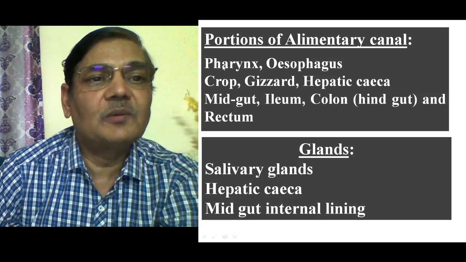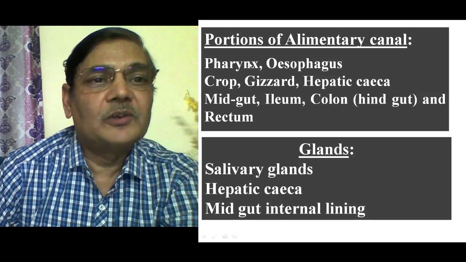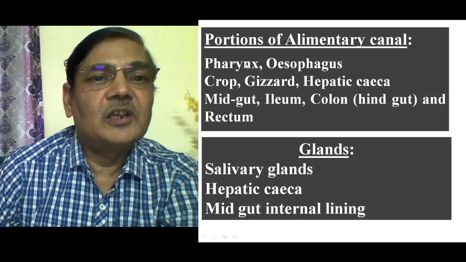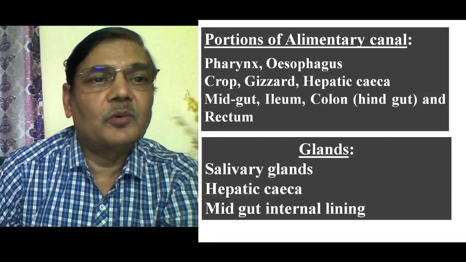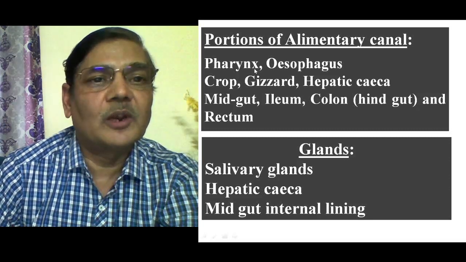See, pharynx is a very small portion which is actually located just behind the labium. Actually, cockroach possesses biting and chewing mouth parts, and just behind the lower portion of its labium, its pharynx is located.